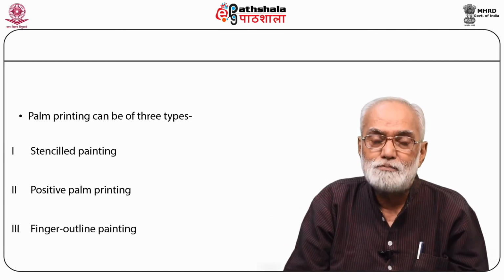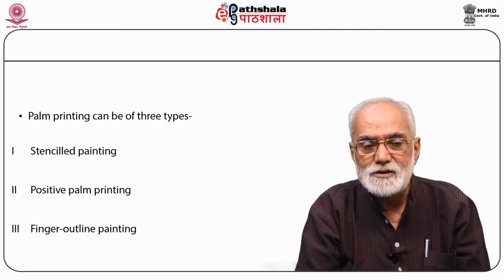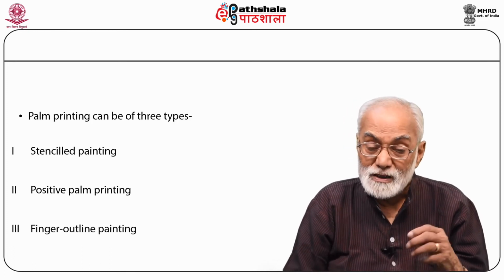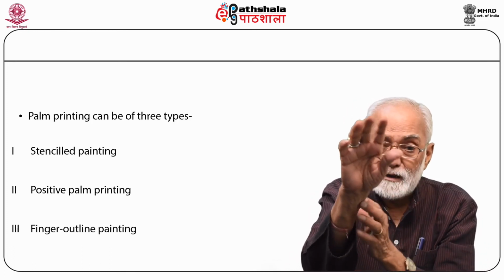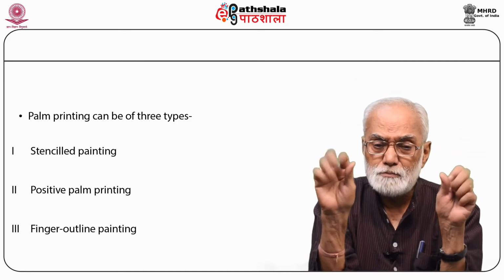So you have three kinds of palm paint, and they are found all through the art executions of the entire Indian art evidences. Sometimes the palm printing includes part of the arm, two arms with the palms.